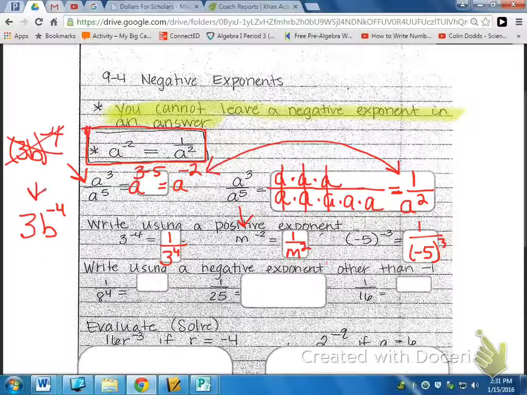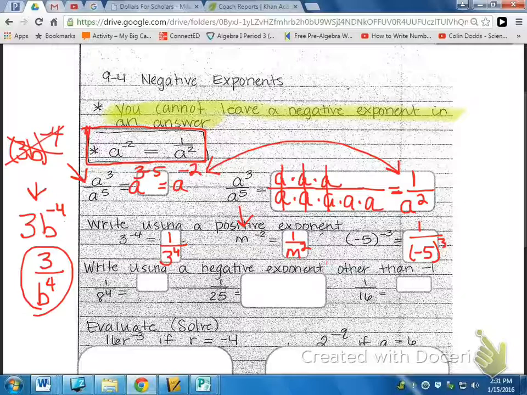We're talking about this one. The 3 is to the power of 1, but the b is to the negative fourth. So to simplify that, you leave the 3 alone, and you move the b to the negative fourth to the denominator, and it becomes positive. So this is how you would simplify that. And you're going to have a couple of those.